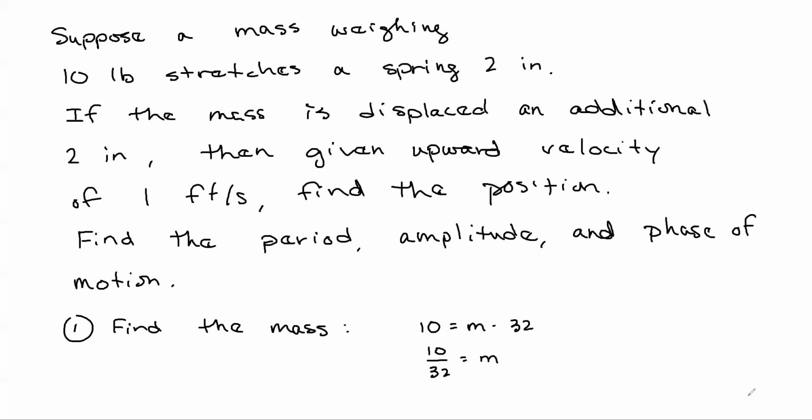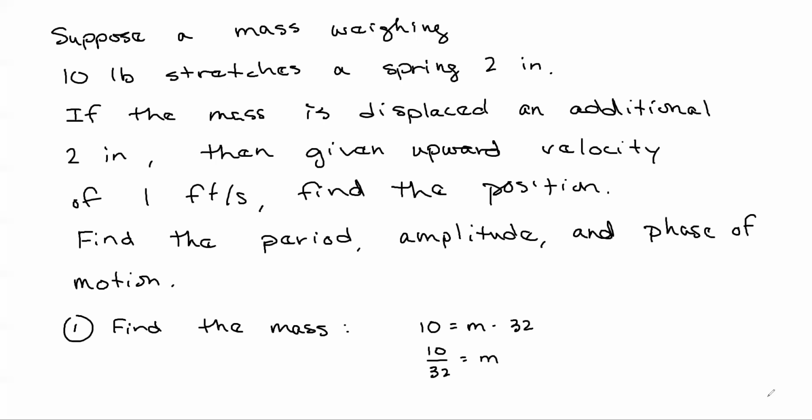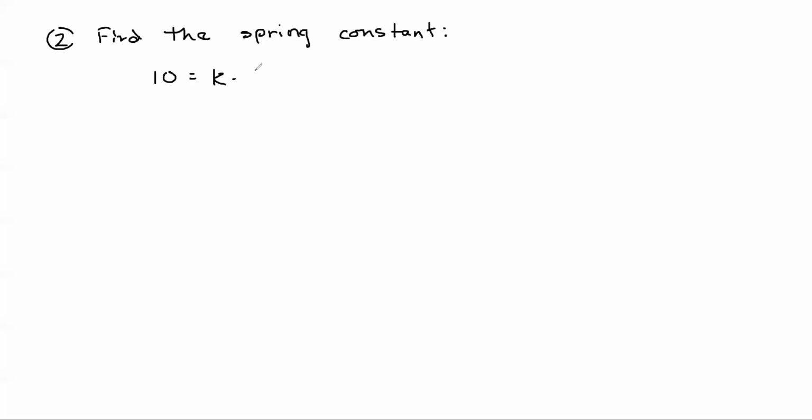Well, that's going to be the mass weighing 10 pounds. So we're going to have 10 equals the spring constant times how much it stretches the spring, right? So it's the elongation. That's going to be 2 inches, which translated into feet is 1/6. And so we get K equals 60.